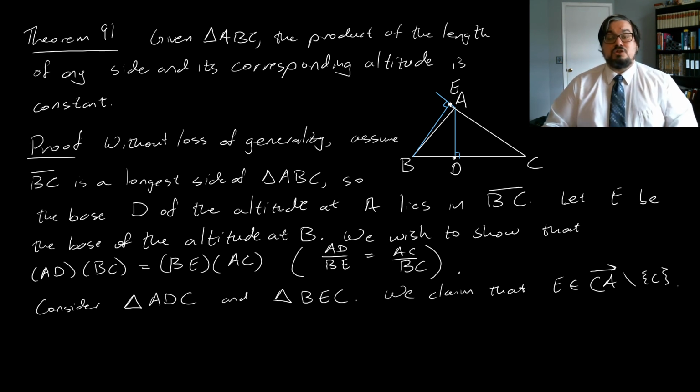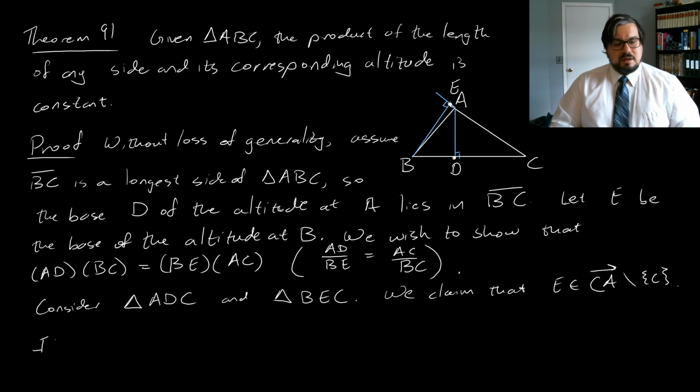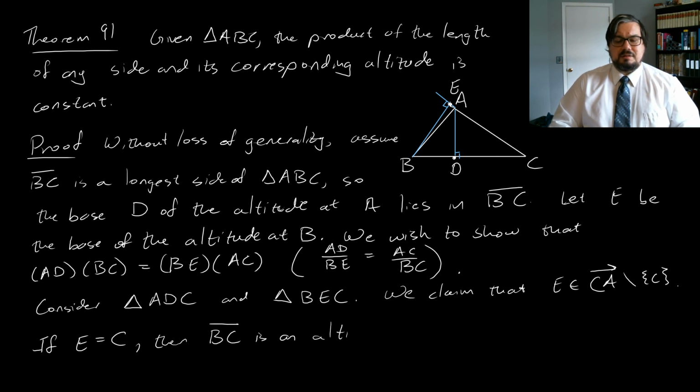So let's prove this by showing that none of the other possible positions for E can happen. If E actually equals C, this is something that would mess up our construction, then that would mean that BC is an altitude of triangle ABC.